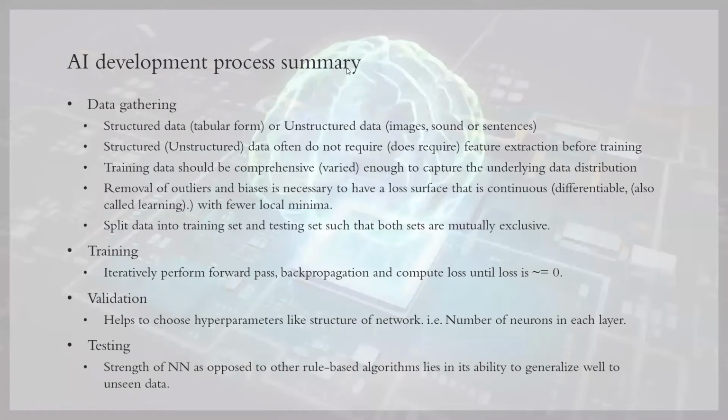So, AI development process summary. If you want to develop some AI code, these are the general steps. First, data is one of the most important things you need to have. Then you split the data into a training set and a test set, and use the training set data to do the training.